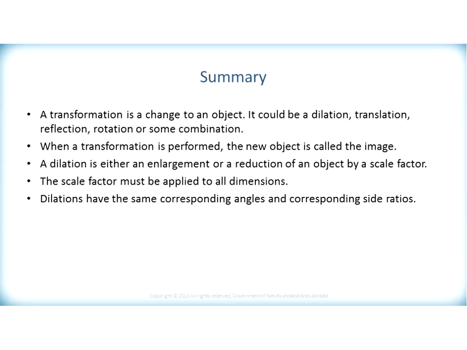So we can't get a dilation if we only multiply, say, the length of a rectangle by some scale factor, and we neglect to do it for the width. We're actually creating a completely different type of object in that case. And dilations have the same corresponding angles and corresponding side ratios. In other words, dilations are similar objects.